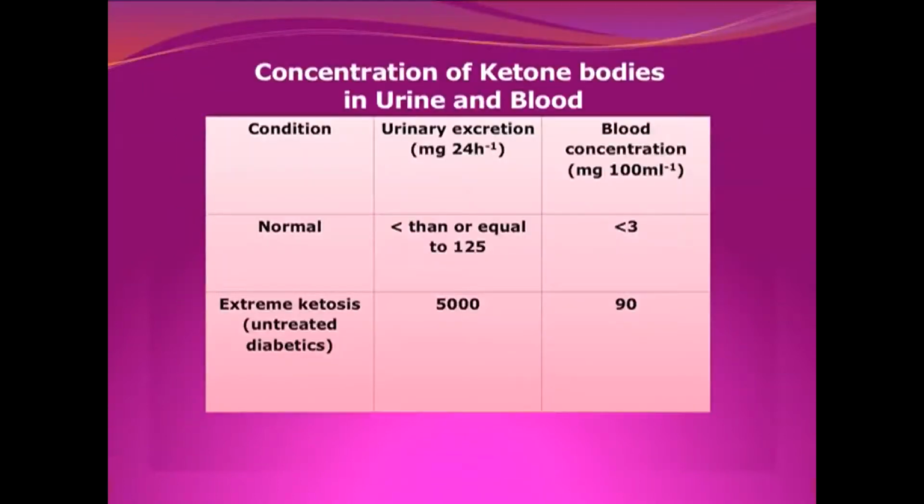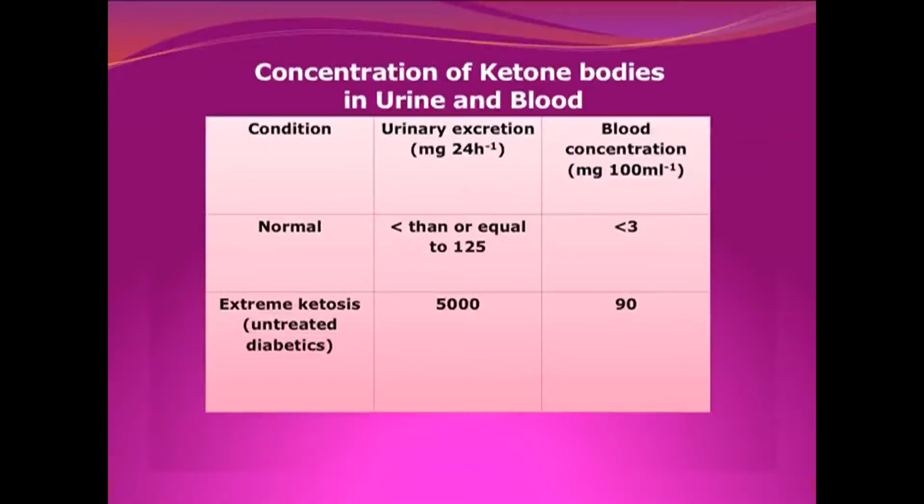This chart will show you the normal and the abnormal concentrations of the ketone bodies that are secreted through our urine, in milligrams in 24 hours. In case of normal individuals, the value is less than or equal to 125 mg per day.